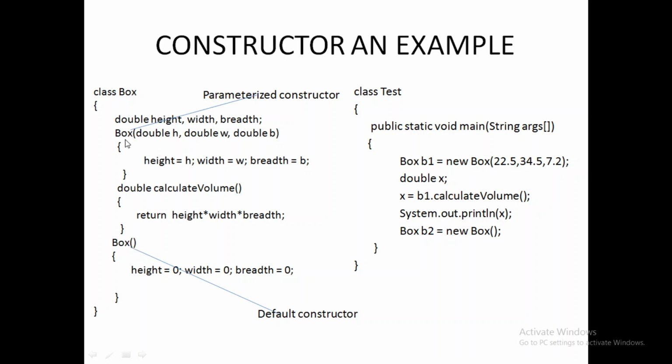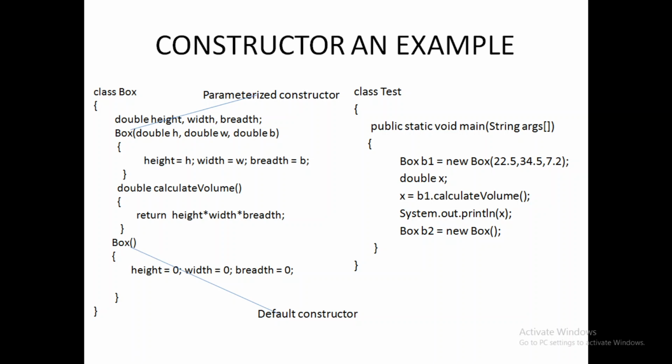So the constructor which possesses parameters is known as a parameterized constructor, and the constructor which does not possess any parameter is called a default constructor. Or in better language, I should say the constructor which accepts some values is known as a parameterized constructor, and the constructor which does not accept any value is known as a default constructor.